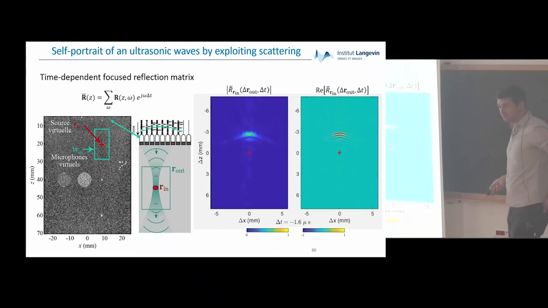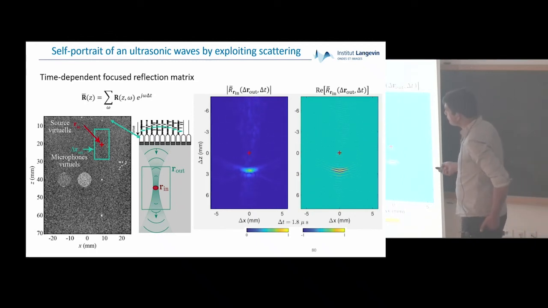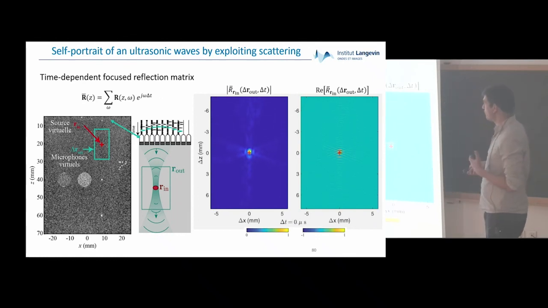What we see actually is that we use all the scatterers as microphones, and these microphones help us to follow the wave field inside the medium. Generally, before I just showed you what we collect at time t equals 0. But you see that you can look at the wave field outside this focal plane, and you can make a self-portrait of the ultrasonic wave focusing inside the medium.